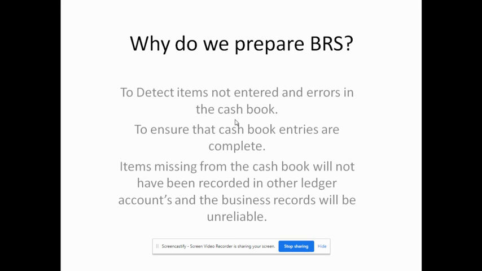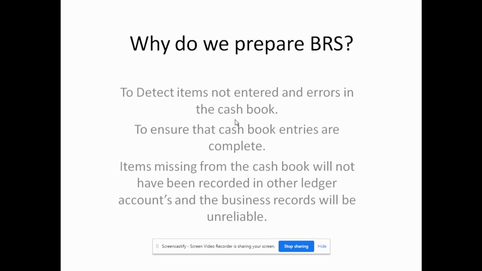To detect items not entered. So if there are any entries missing by us, we can identify through BRS. And for every entry like purchase, like sales, the cash will be part of the entries. So if there are any errors in the cash book, we can identify them easily through BRS only.